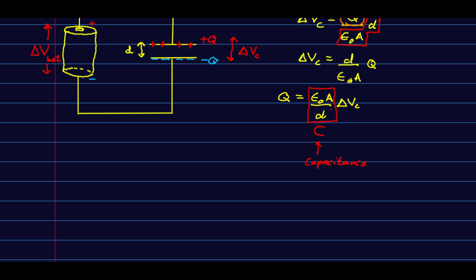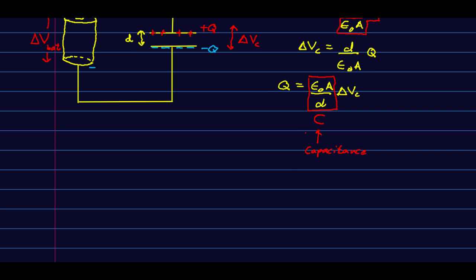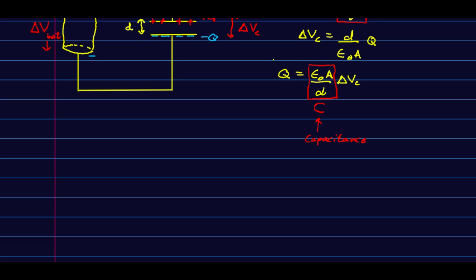So any capacitor is characterized by its capacitance. And look at the units of it. We know we can write this Q equals C delta V_C. And so this Q is in coulombs, confusingly using C, just like this C. This C is coulombs, this C is standing for capacitance. This is in volts.